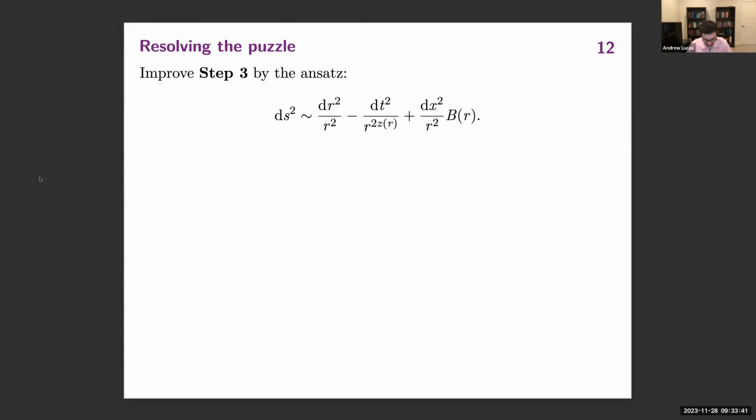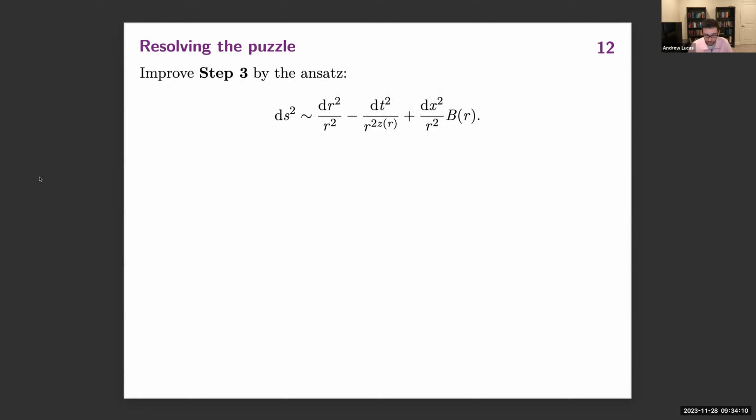I won't quantify precisely how slowly, but slowly enough that you can think of starting in the UV and doing the RG, building the bulk geometry deeper and deeper into the IR. And at each scale R, where you're solving the Einstein equations, you can approximately think of the disorder fields that you're integrating out as seeing a kind of homogeneous landscape.